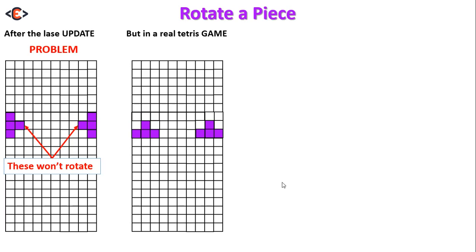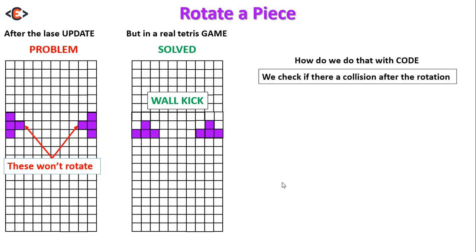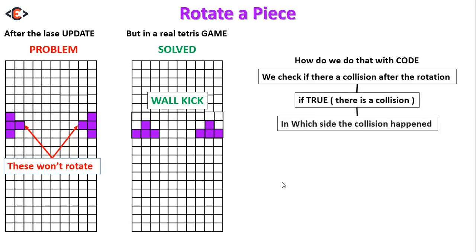So the problem here is solved by what we call the wall kick. So before the rotation, the wall kicks the piece and then the rotation is done. So how do we do that with code? We check if there is a collision after the rotation, then if true, means there is a collision, then we have to know in which side the collision happened, means is it the right wall or the left one.